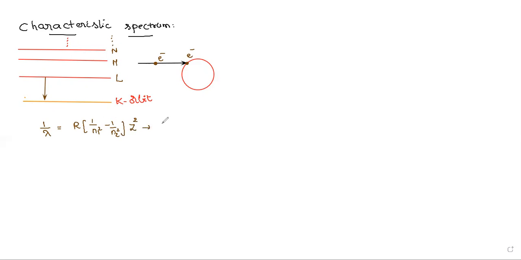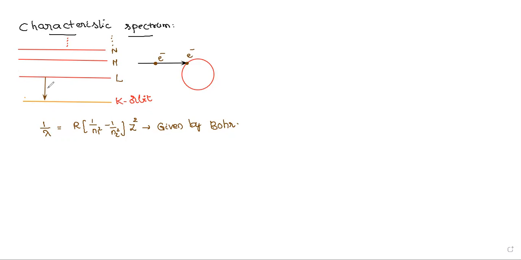This is Bohr's equation, given by the scientist Bohr. From this we can put n1 equals 1, n2 equals 2, and you can find the wavelength coming out of this transition energy.